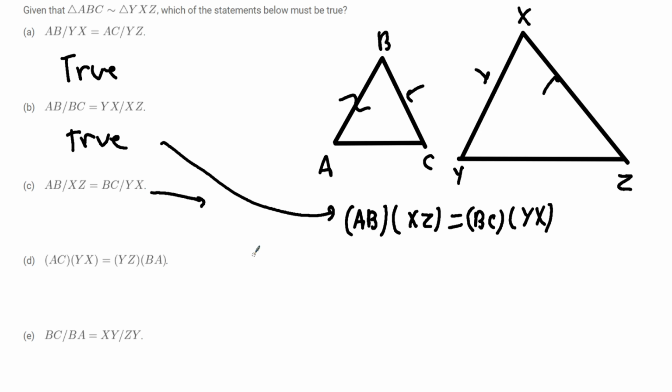Now, is there any way we could get to part C from this? Well, I want AB to be over XZ, so I could divide both sides by XZ, and let's see what happens.